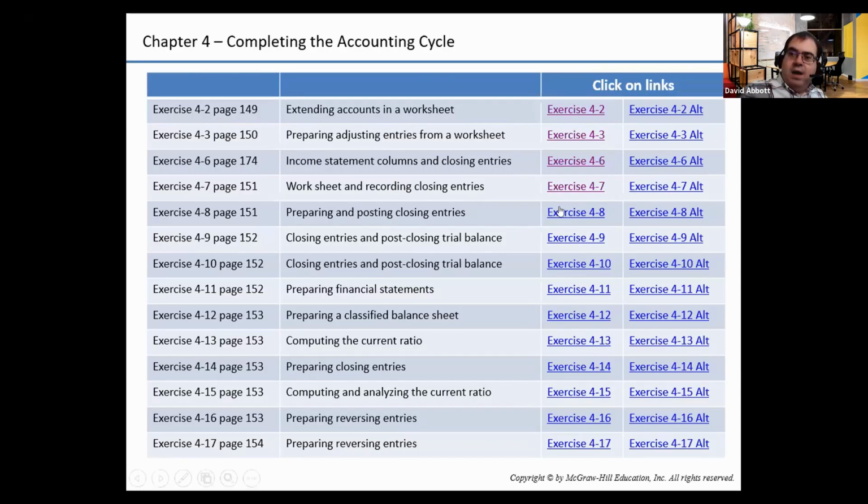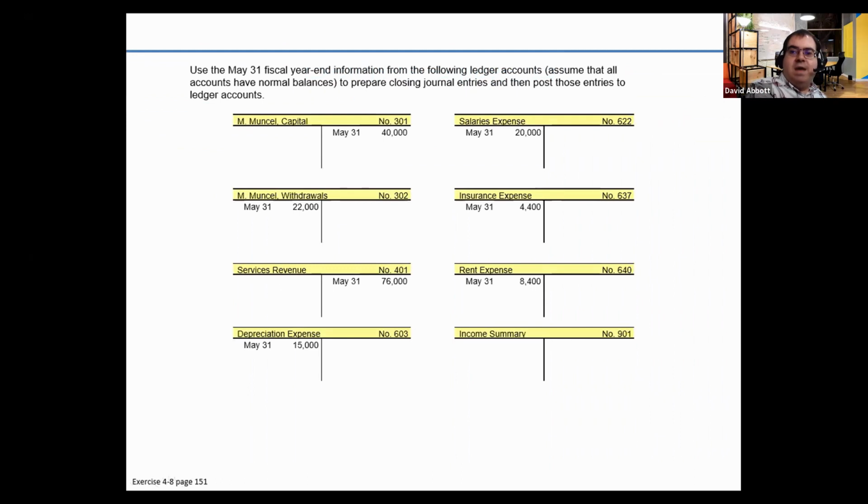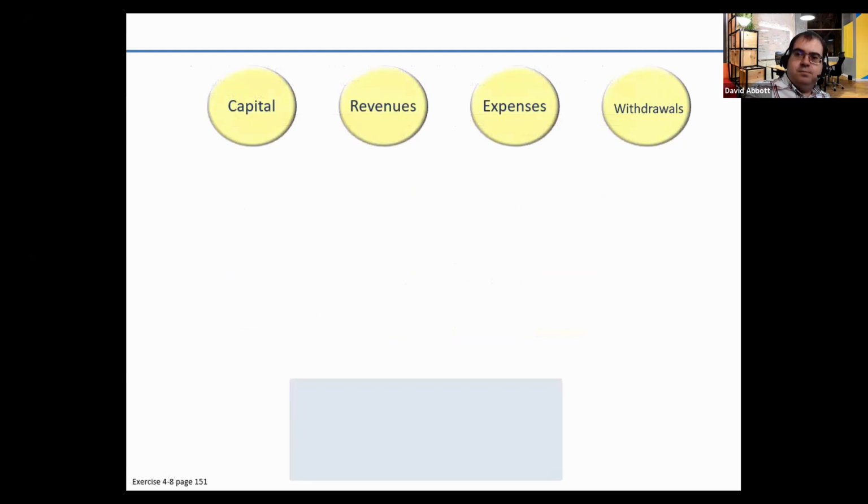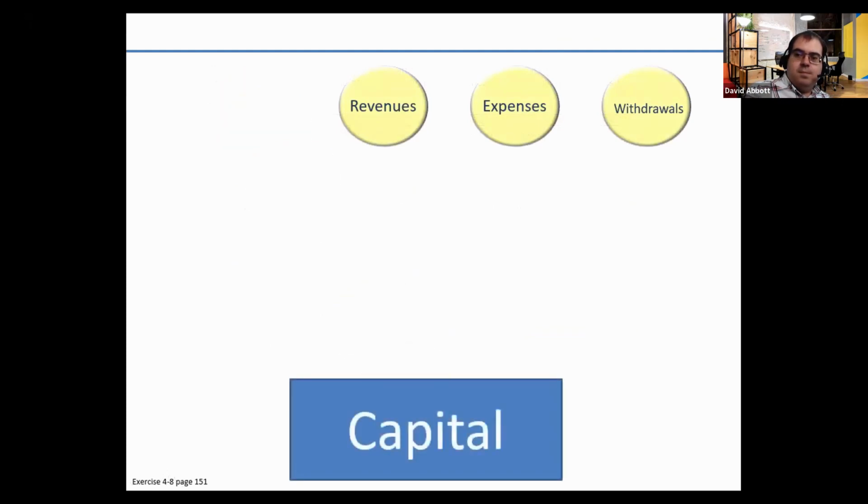Again, preparing and posting closing entries. Use the May 31st fiscal year information from the following ledger accounts. Assume that all accounts have normal balances to prepare the closing journal entries, and then post those entries to the ledger accounts. So we have capital.